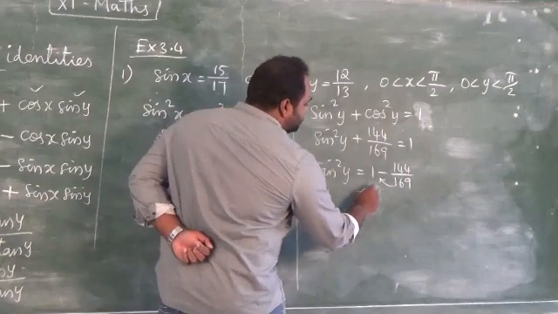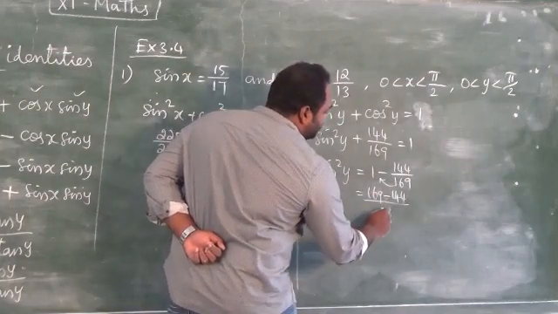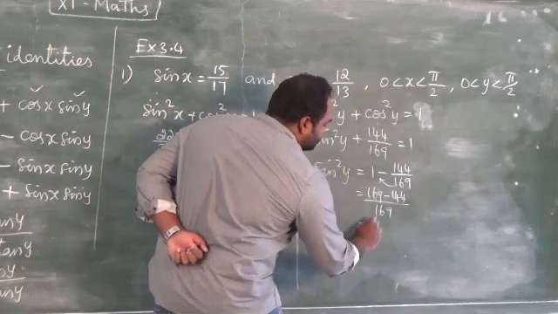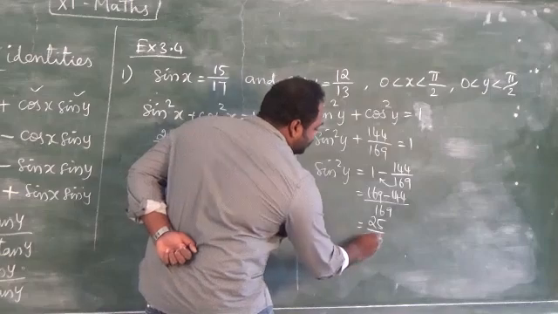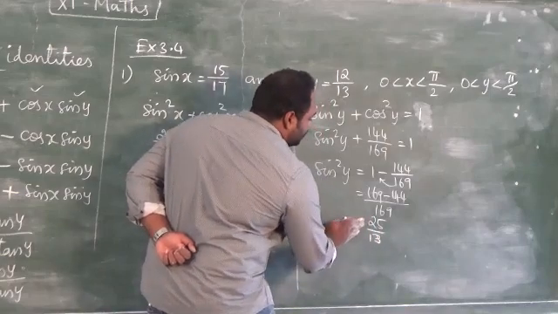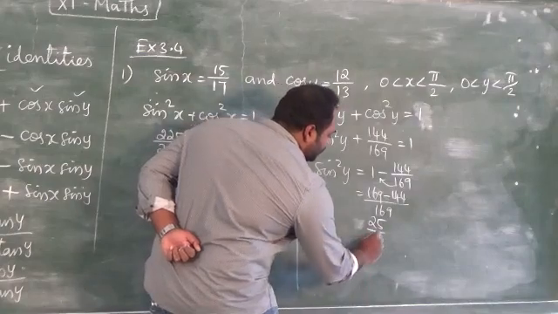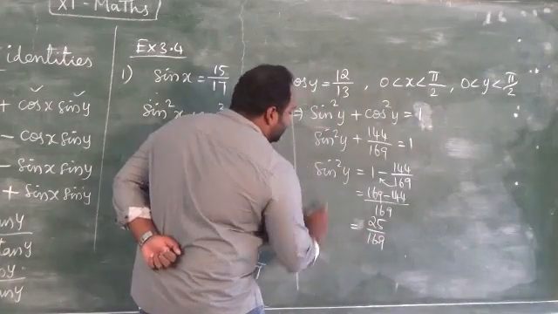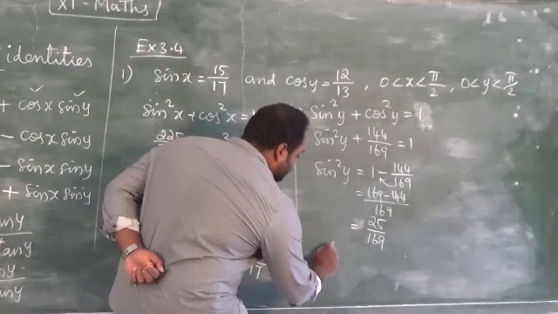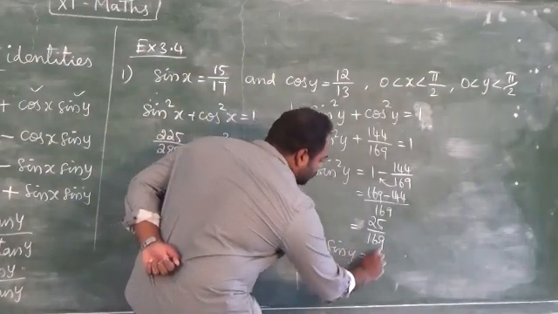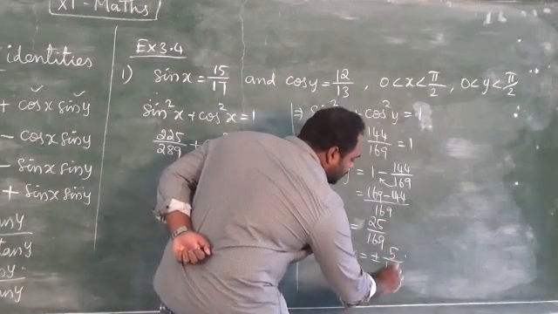If I cross multiply this, 169 minus 144 by 169, it is 25 by 169. This value is for sin square y. I need only sin y, which equals plus or minus 5 by 13.